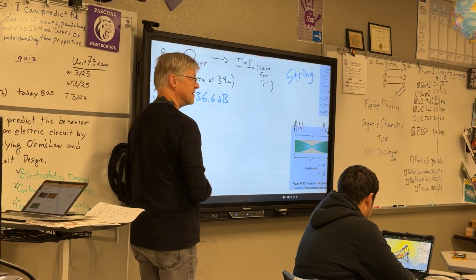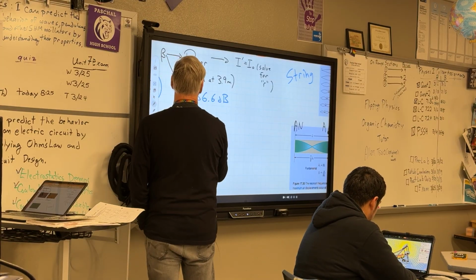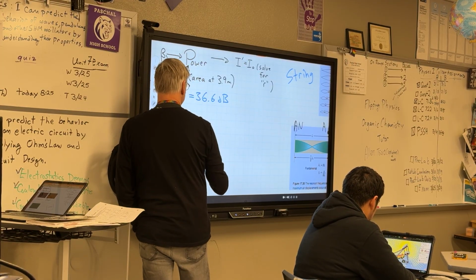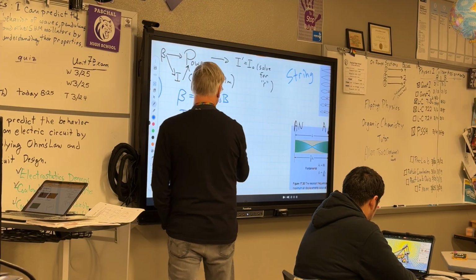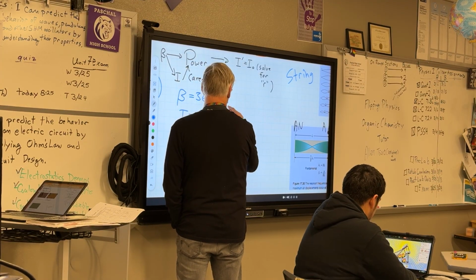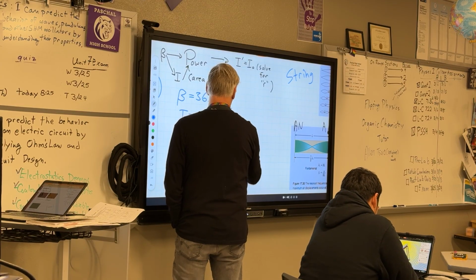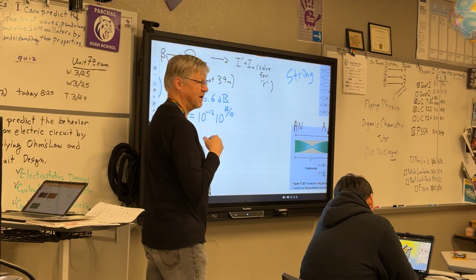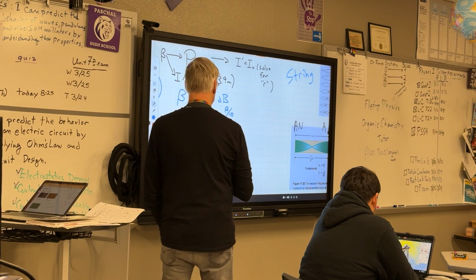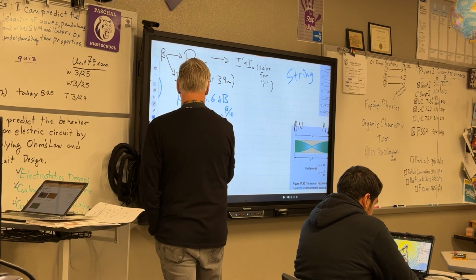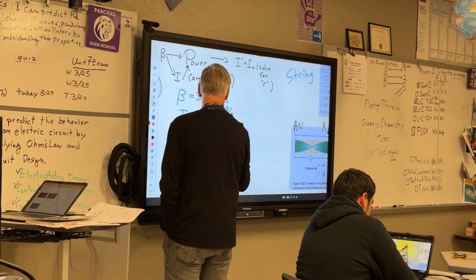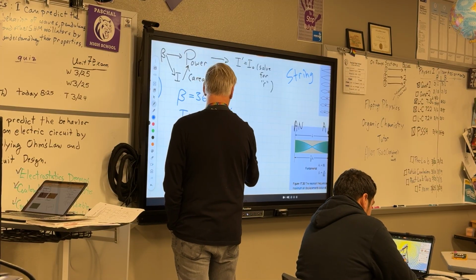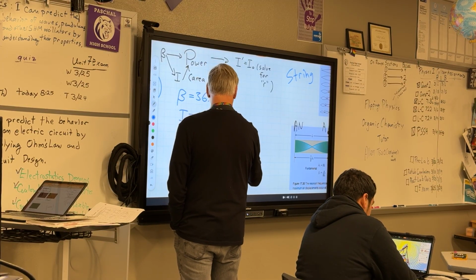I'm going to use that to calculate the intensity. The intensity, remember, is calculated as 10 to the minus 12 times 10 raised to the beta over 10 power. We derived this equation a little bit earlier. So that's 10 to the negative 12 times 10 to the 36.6 over 10.